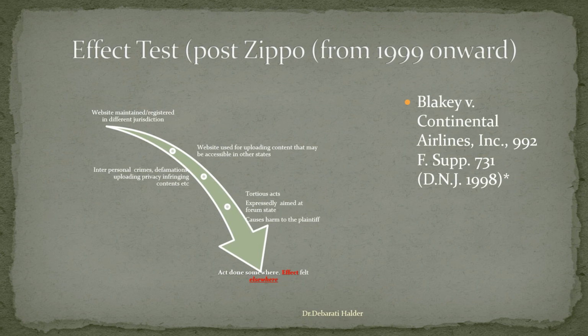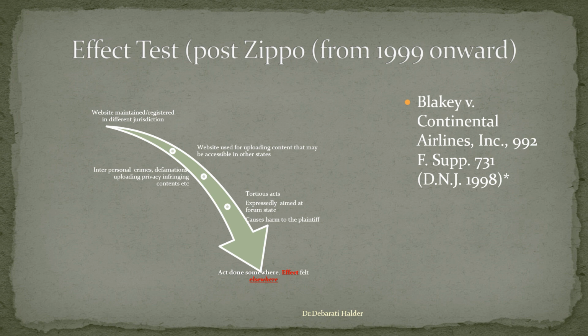Post Zippo, from 1999 onwards, the US courts are also looking at the effects test. Here, the website maintained or registered can be in different jurisdictions. The website is used for uploading content that may be accessible in other states.